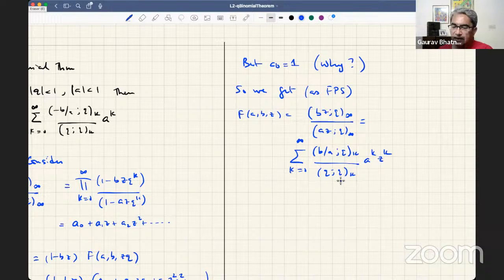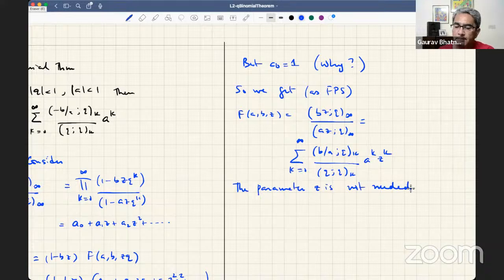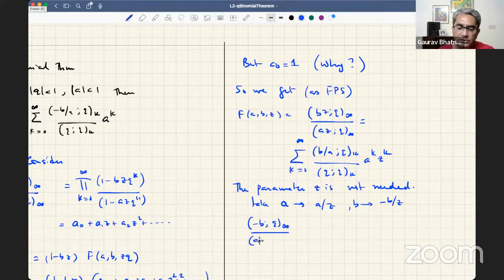And now Z is redundant. This parameter Z is not needed really, so we can get rid of it. So we take A going to A over Z, B going to minus B over Z, to get it in the form that Ramanujan wanted.